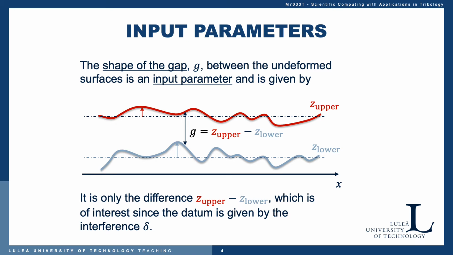Then the shape of the undeformed gap G would just be the upper surface minus the lower surface. And this is also what's of interest, since the actual datum will be given by the interference or clearance or rigid body separation delta. A dear child has many names, as they say.